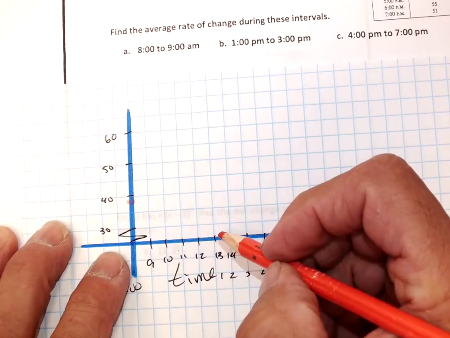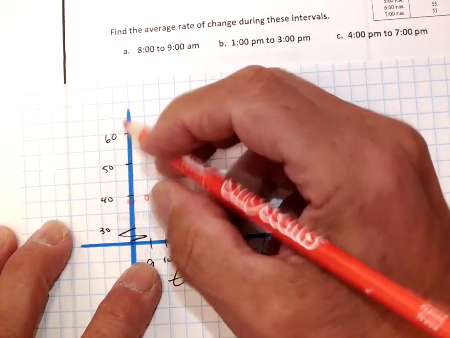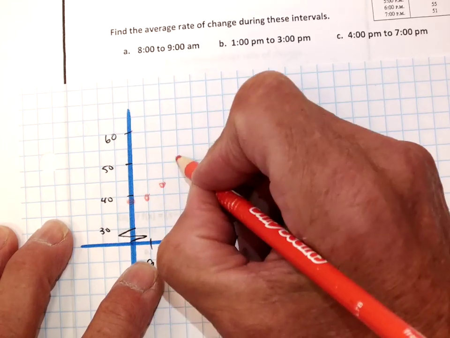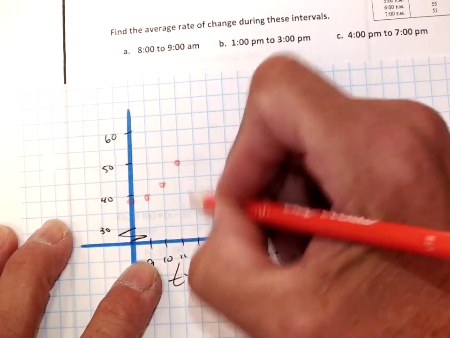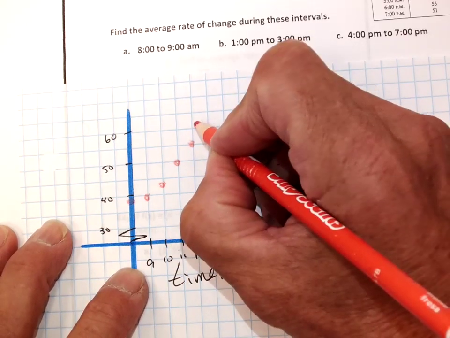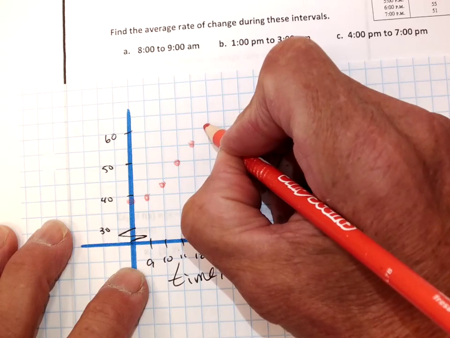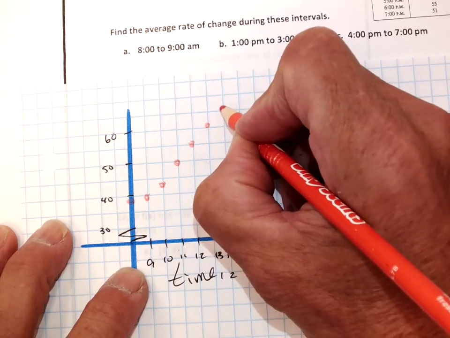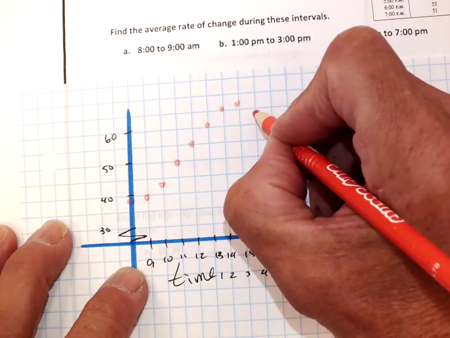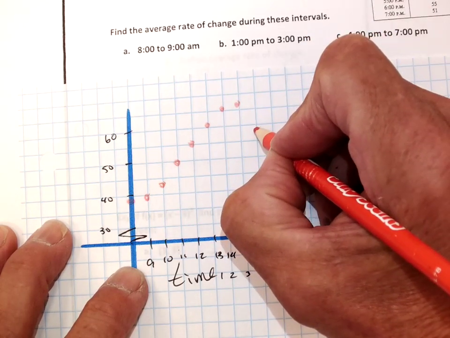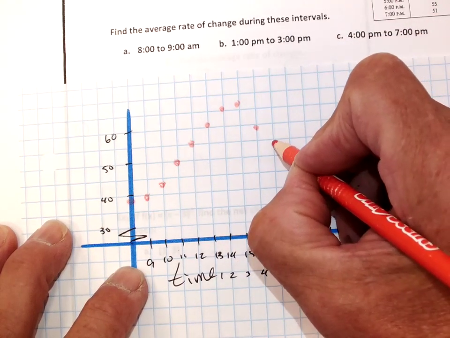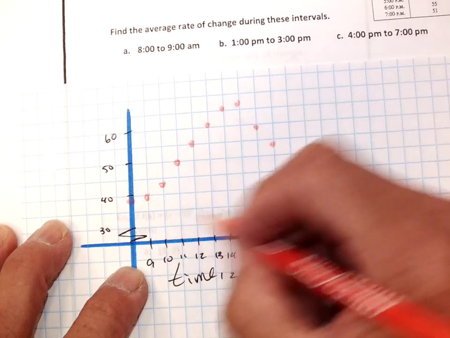And then I'm at 40, 44, 50, 56, 62, 66, 67, and now it's going to start dropping down. 64, 58, 55.